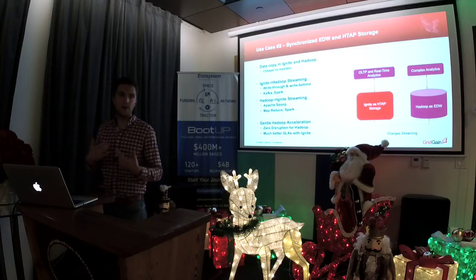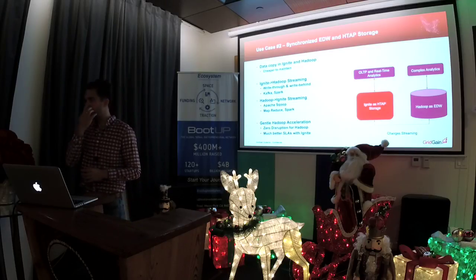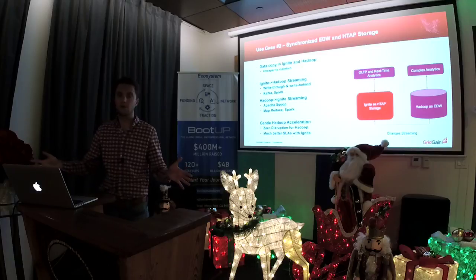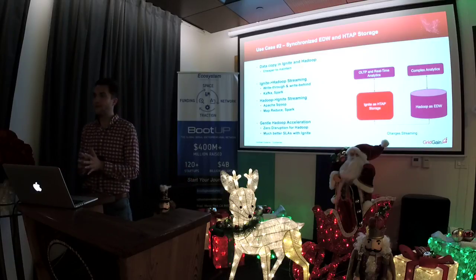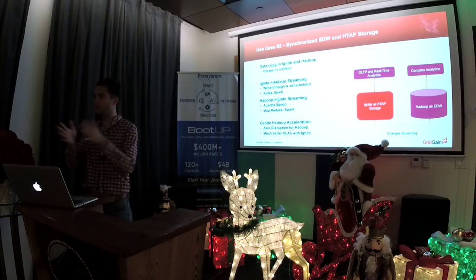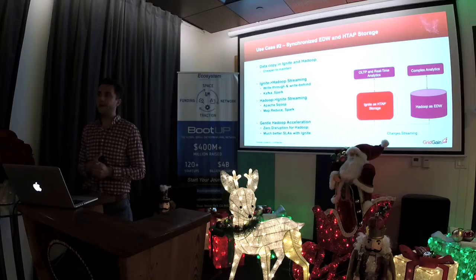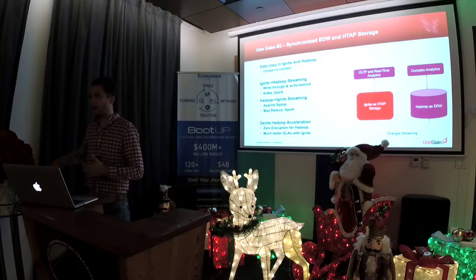But there is also another way around here. In Ignite we have the so-called cache store interface, which can be used to create a special implementation which will transfer the changes from Ignite to Hadoop automatically for you.